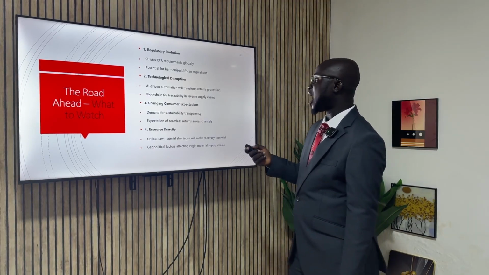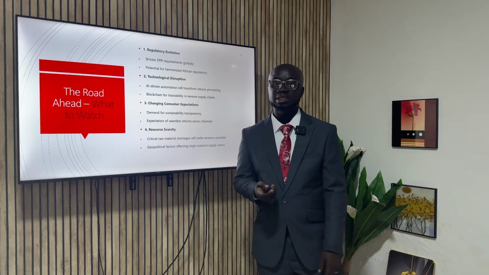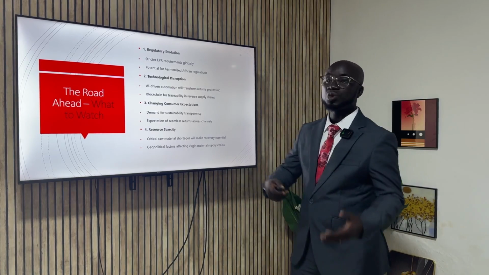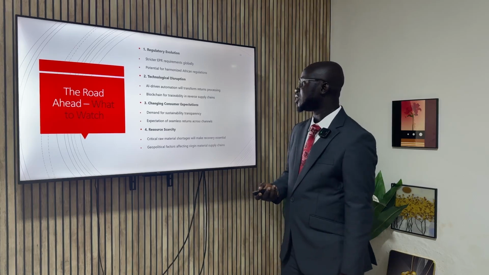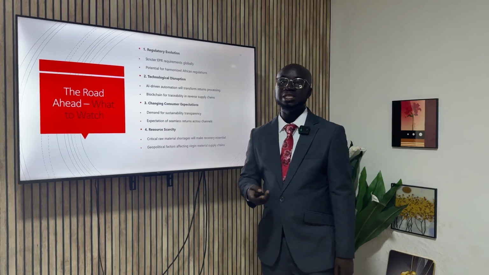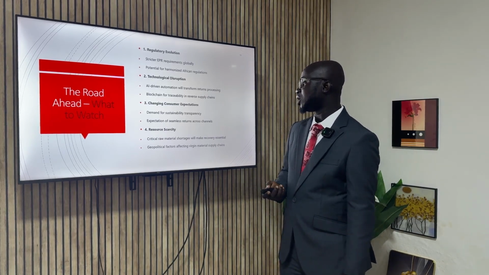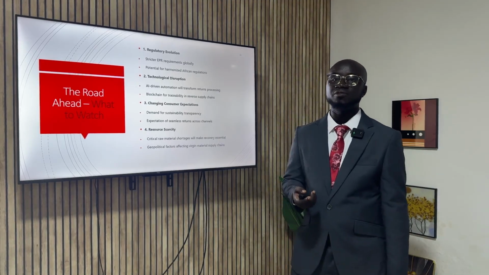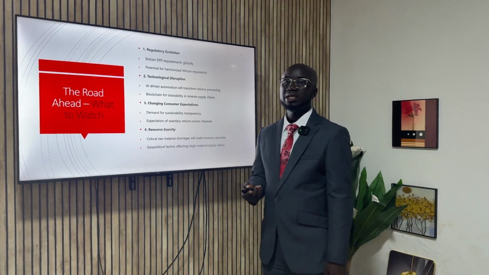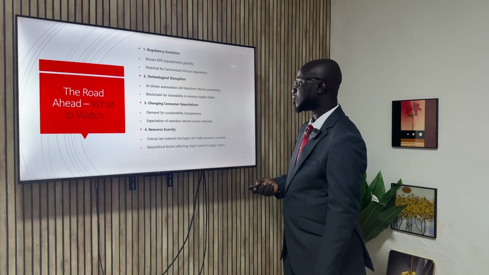AI-driven automation will help transform returns processing. Blockchain will also help in traceability when it comes to the reverse supply chain. And we are also looking at changing consumer expectations and demand. And finally, resource scarcity will make recovery not just desirable, but very essential.